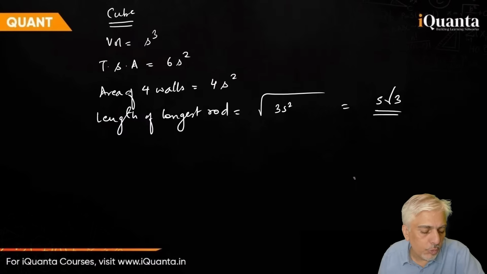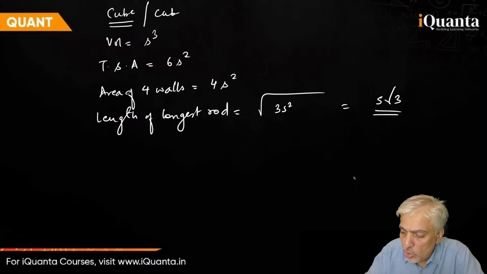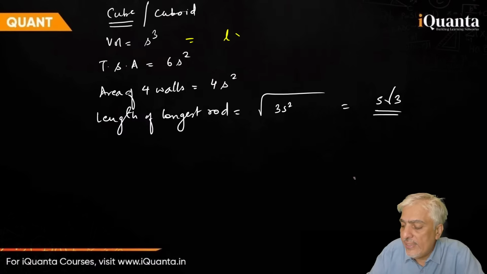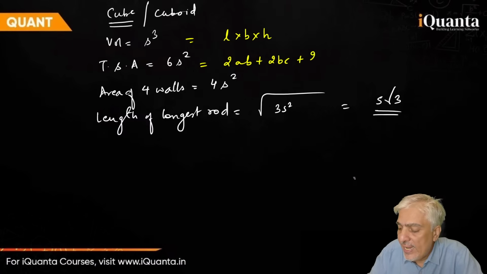Same formulas can we do for cuboids. Instead of cube, if it was cuboid, how will the formulas change? Volume would become, all 3 sides are different. So length into breadth into height. Total surface area would be basically AB 2 times, so 2AB. BC 2 times, 2BC. AC 2 times, 2AC.